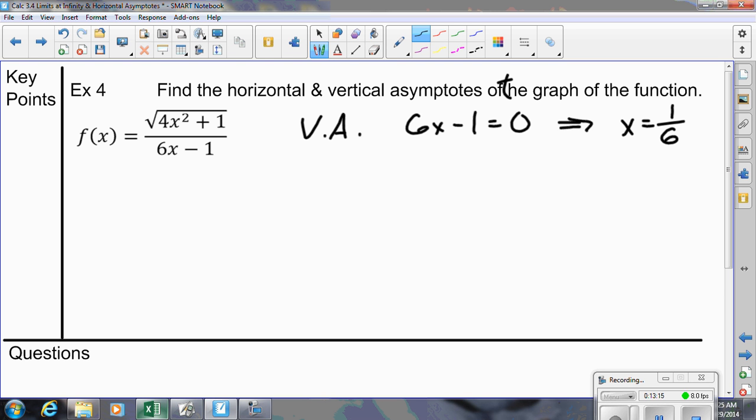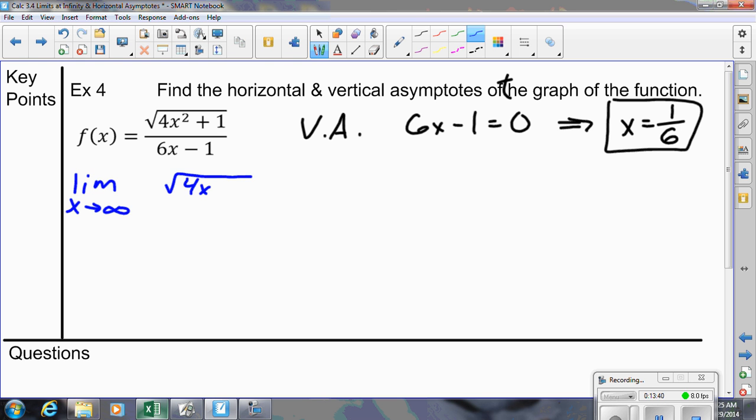Does 1/6 make the square root equal to 0? No. Because this does not make our numerator equal to 0, we have our vertical asymptote, and we're done. We still need a horizontal asymptote, though. Horizontal asymptotes are going to come by taking the limits at infinity.